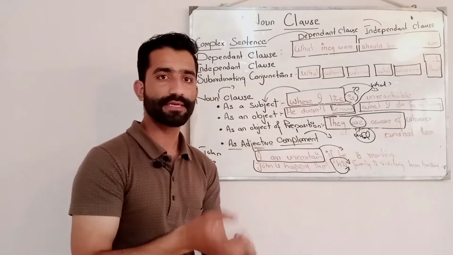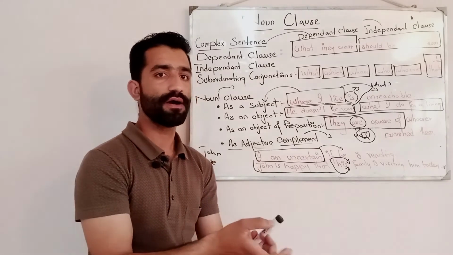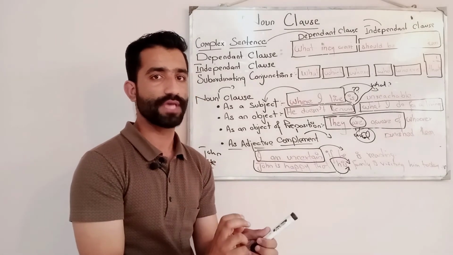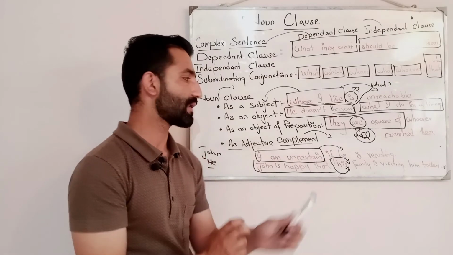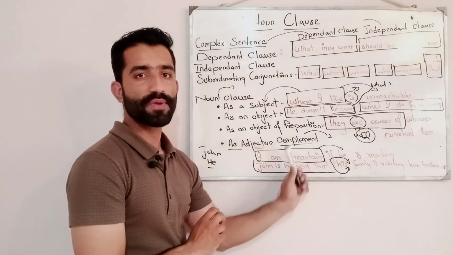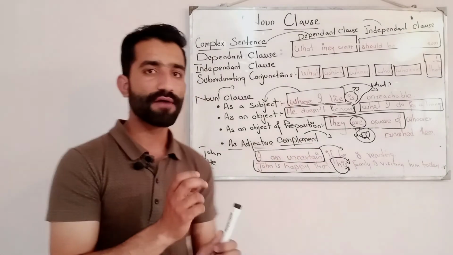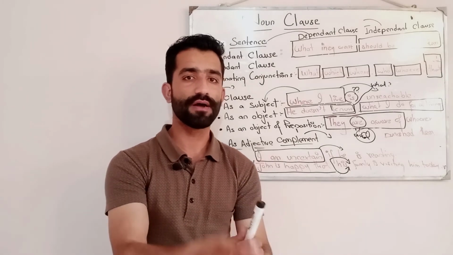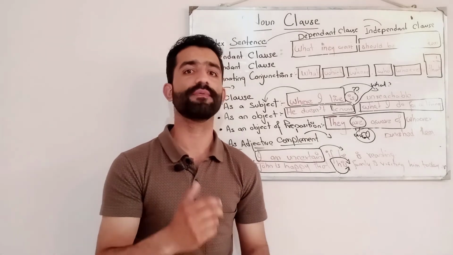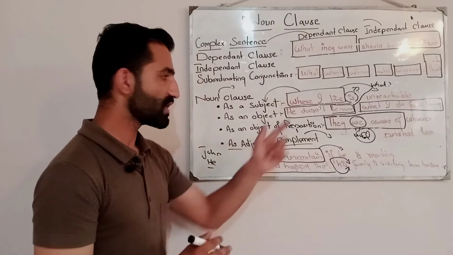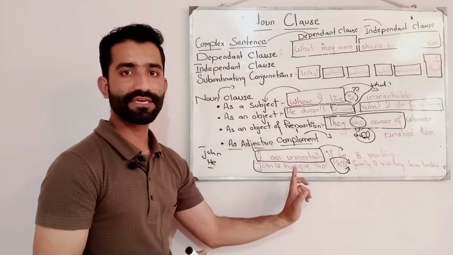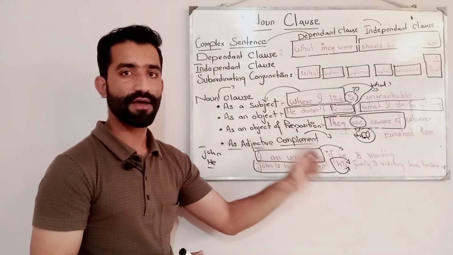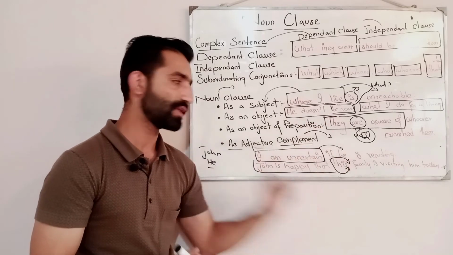When after the subject of the verb, the remaining part is telling about the nature of the subject or who the subject is, it's a complement to the subject. And when after an adjective, the remaining part adds to the meaning of the adjective, that is adjective complement. So subject complement is one thing, adjective complement is the other thing. After the adjective, the remaining part talks about the adjective.